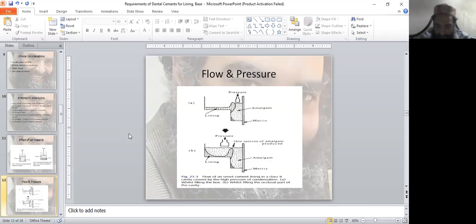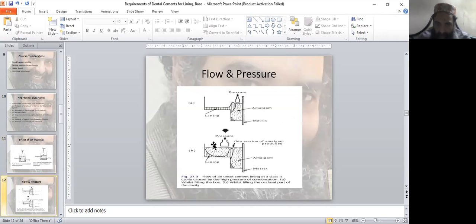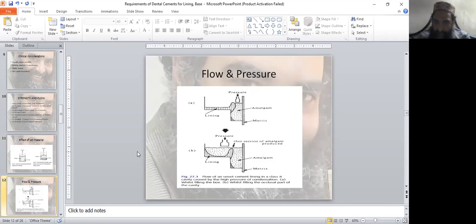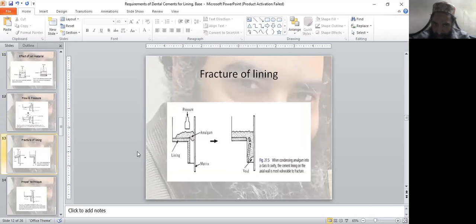Again, which we have seen in the previous one. But here, a thin lining is also present at the base of the occlusal part of the cavity. So these are the effects of flow and pressure and setting of the material, the effect of set material and flow and pressure.